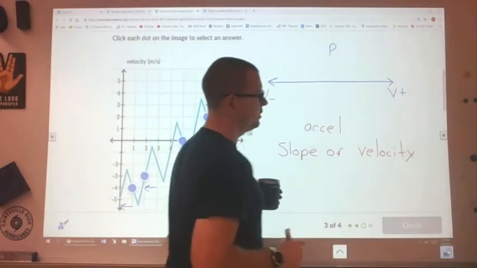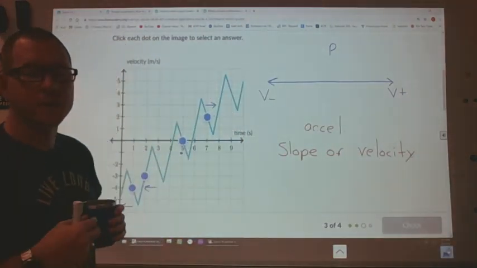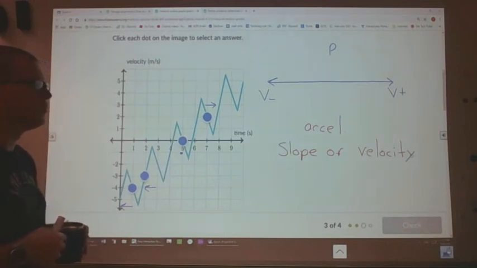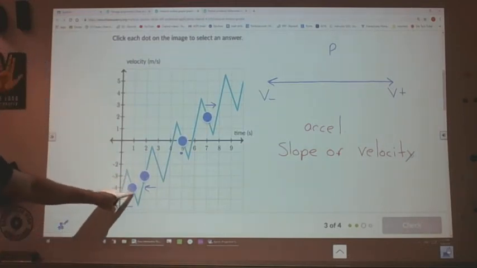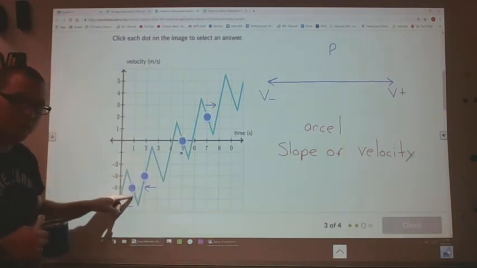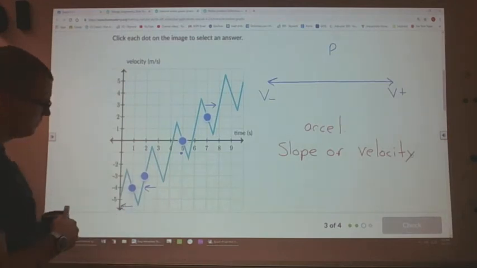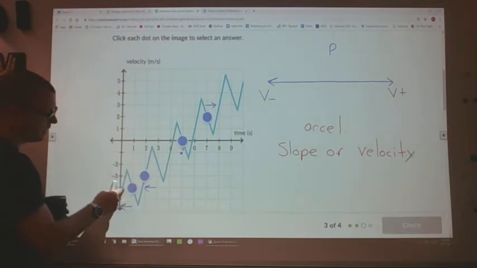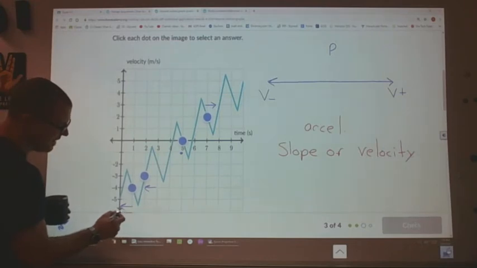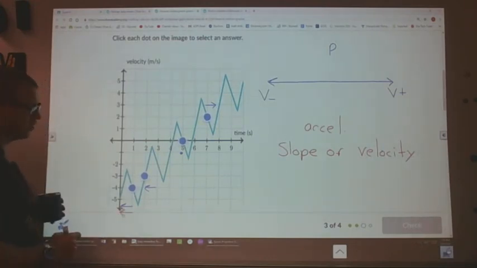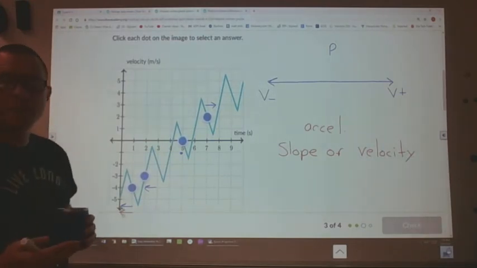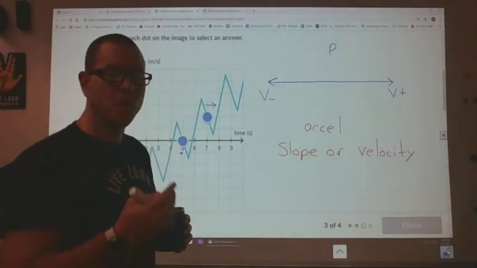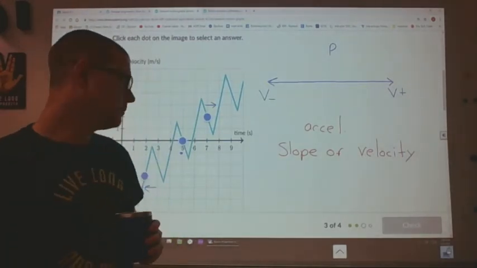The acceleration is going to be the derivative of this velocity graph, so the slope. Here, my slope is negative. So at this point, the velocity is to the left and the acceleration is to the left. So that would be speeding up. They are moving backwards faster.